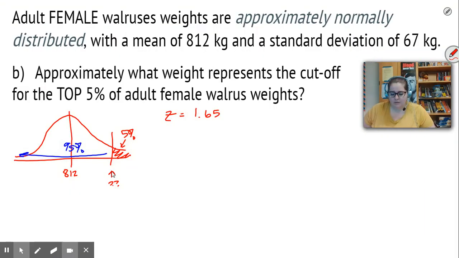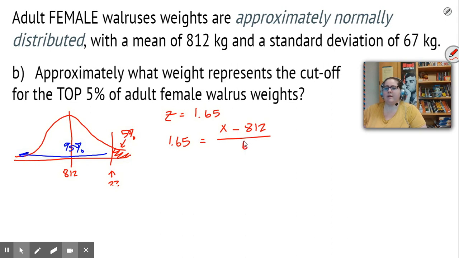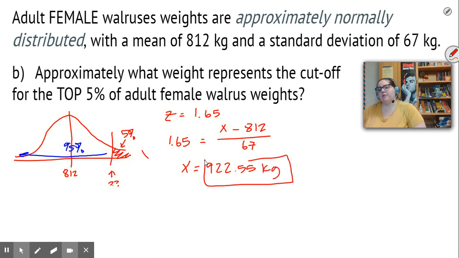Notice that we're on the upper end of the table, which is why we have a positive z-score. It's another good way to check. So 1.65 equals x, the observed value that I don't know, minus 812 divided by 67, which gives 922.55 kilograms.